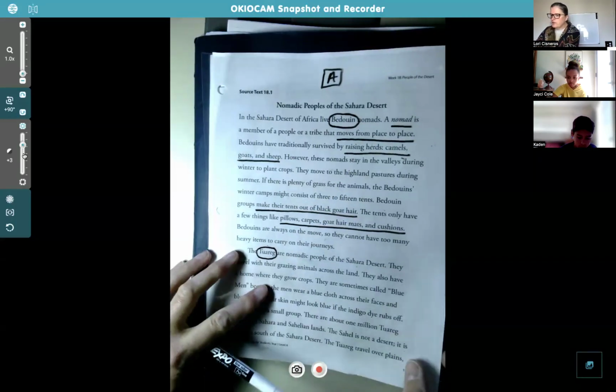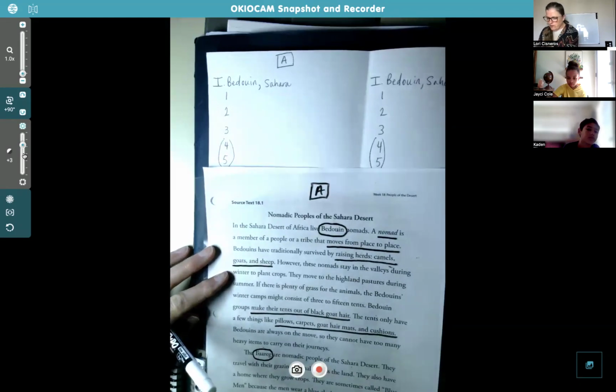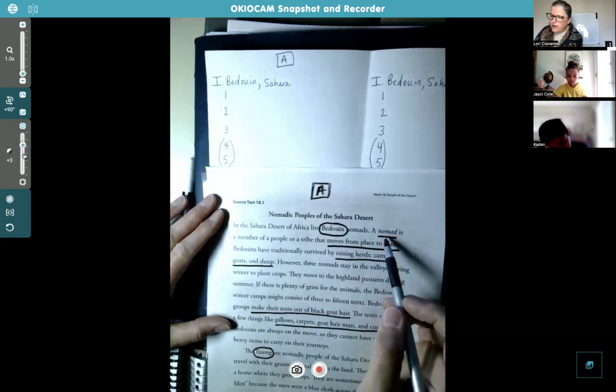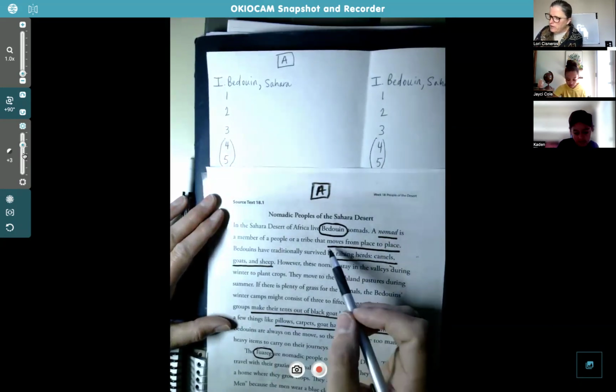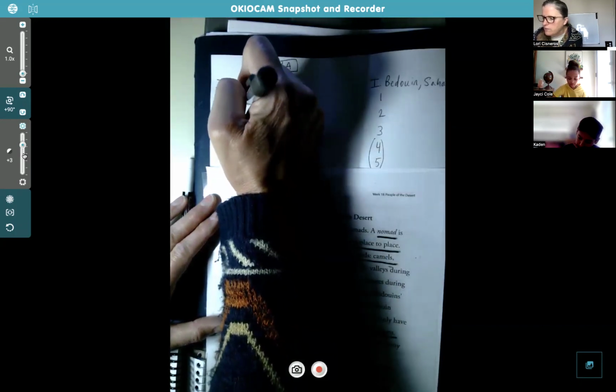Now we're going to transfer those facts to the outline here. So the first fact is about the nomad, and how they move from place to place. So I definitely want to make sure to have that word nomad.